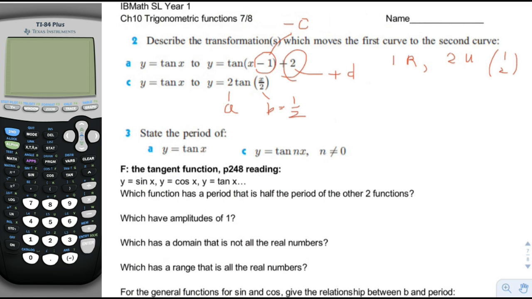So that would be multiply amplitude by 2, and B would be a horizontal stretch by a factor of 2. Okay? When B is a half, then actually it gets wider.